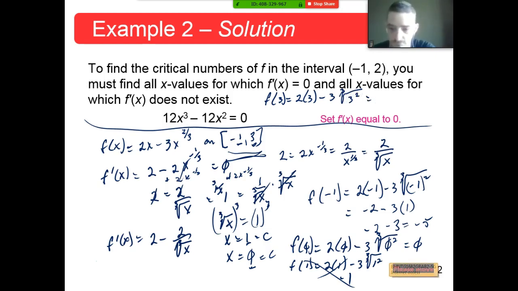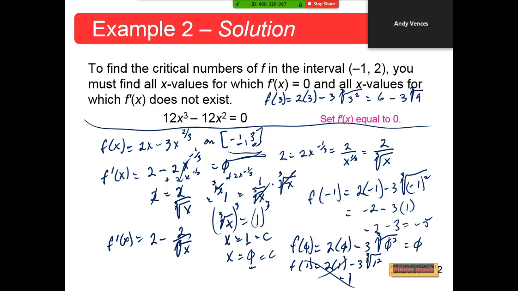And this is the pain in the neck one. 2 times 3, of course, is 6 minus 3 times the cube root of 9. Now, I don't know what the cube root of 9 is. I know it's more than 2, though, because the cube root of 8 is 2. So this is a little bit more than 2.